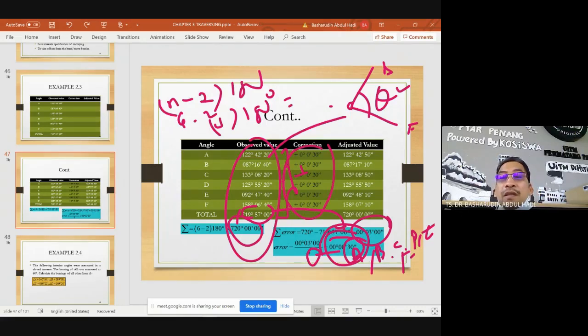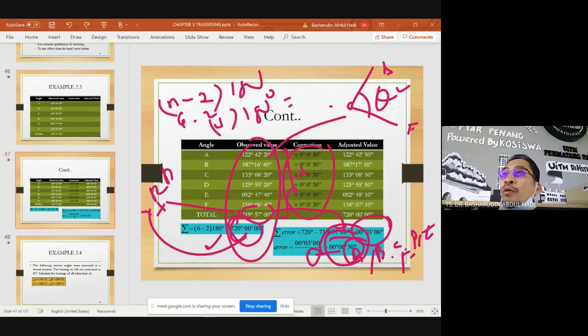Why 30 seconds? Why plus? Because your observed total is less than 720 degrees. 720 degrees is your actual. This one is your reading data. So the actual minus the reading data, you get a negative, so there is a deficit.